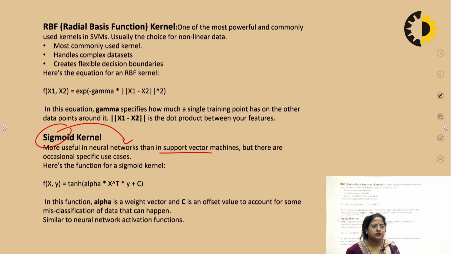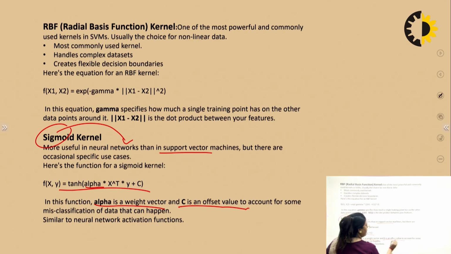The function of sigmoid is tanh(alpha * x^T y + c). Here alpha is the weight vector, and c is the offset value to account for some misclassification of data that can happen. This is also an activation function in a neural network.